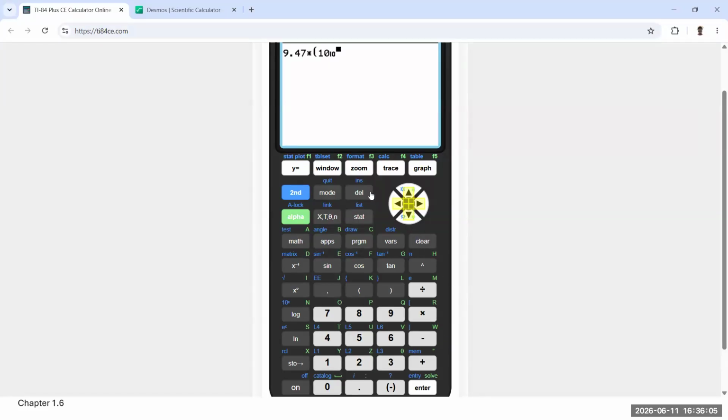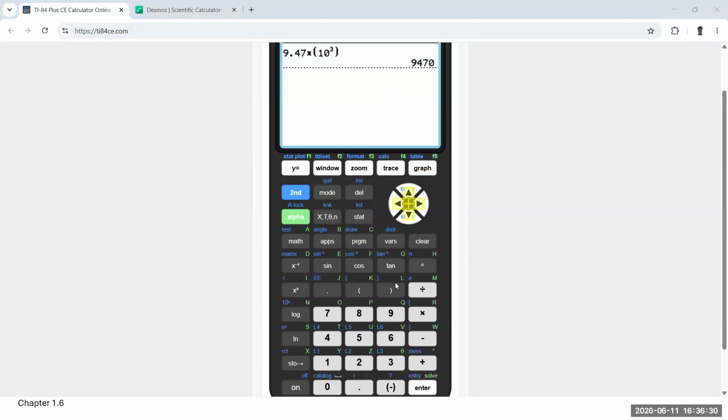Oops, let's see here. So I guess we just hit this button to the third, and then the arrow, and then close parentheses. And it just becomes 9470, which is the same as 9.47 times 10 to the third.